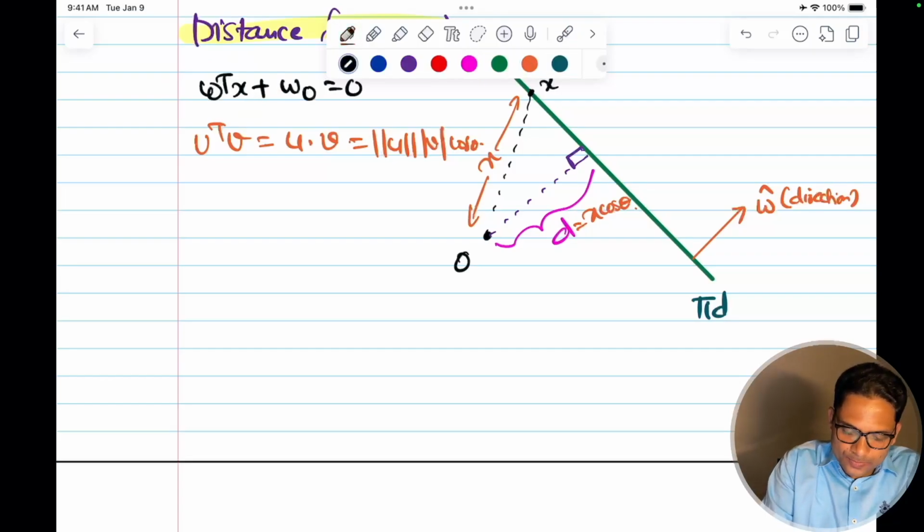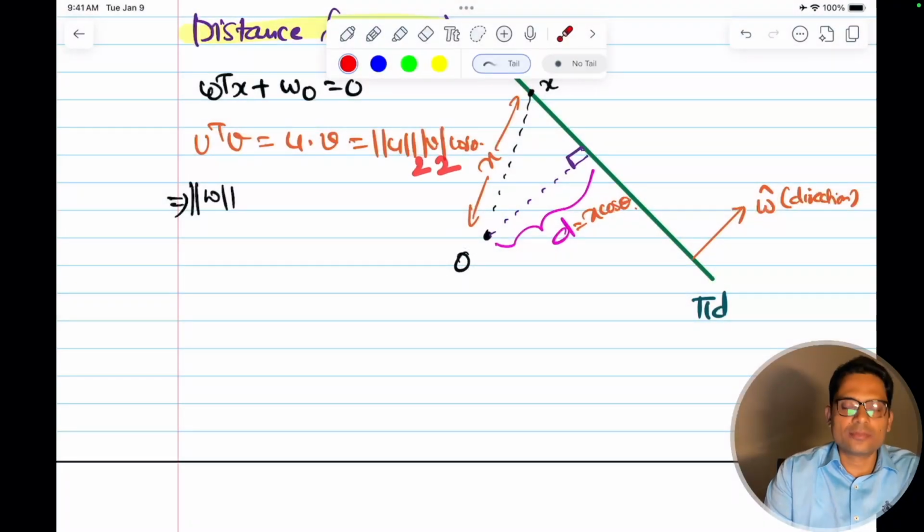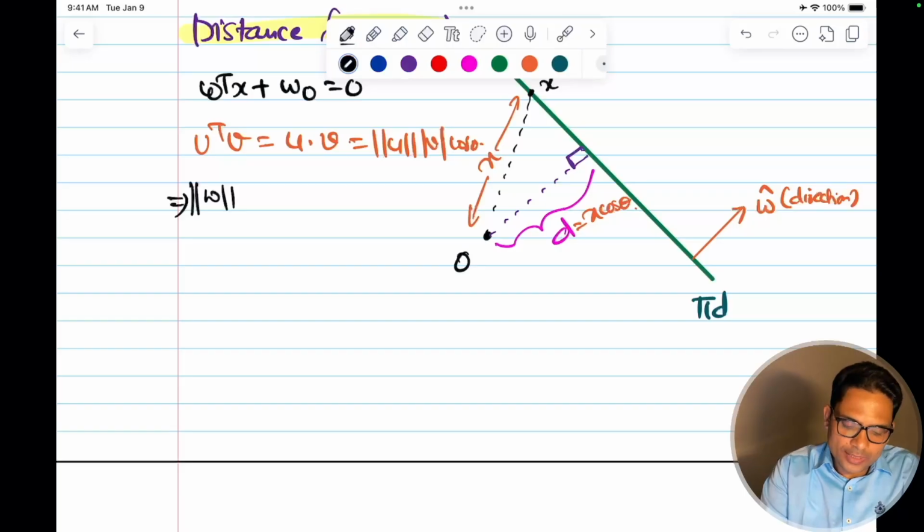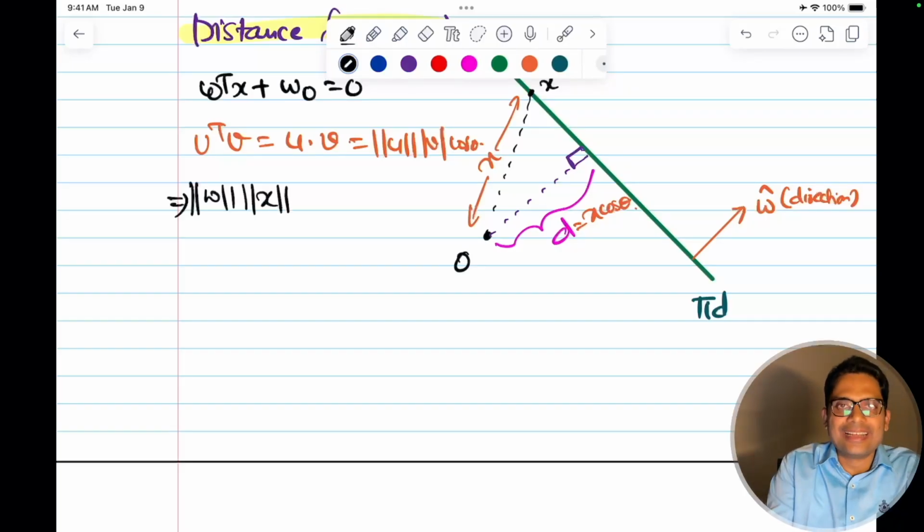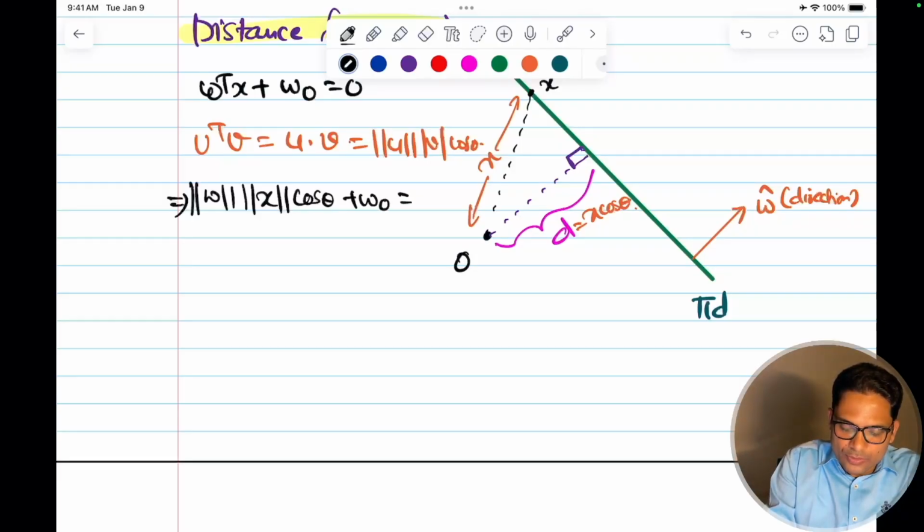This implies the length of W times the length of x times cos theta plus W0 equals 0. If I don't mention anything, that means it is the Euclidean length.